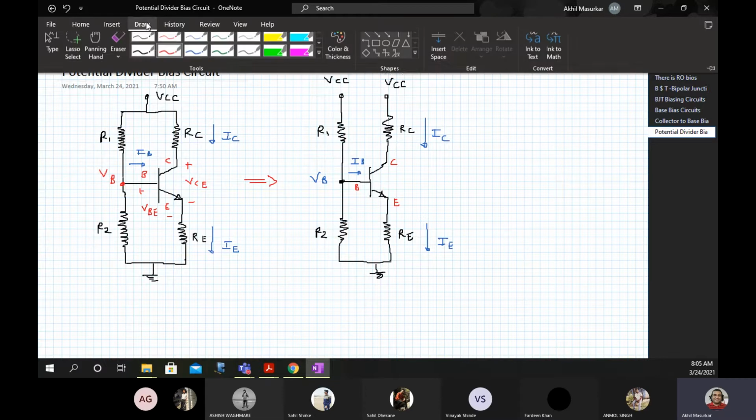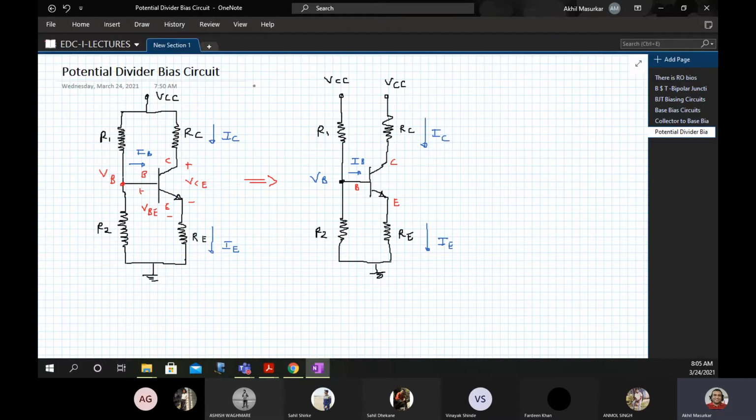Now since we have separated this VCC, we can replace this circuit by a Thevenin's equivalent circuit. The Thevenin's equivalent circuit would be that you make this VCC grounded, so you will get RT, and whatever is the voltage at this point will be VT.